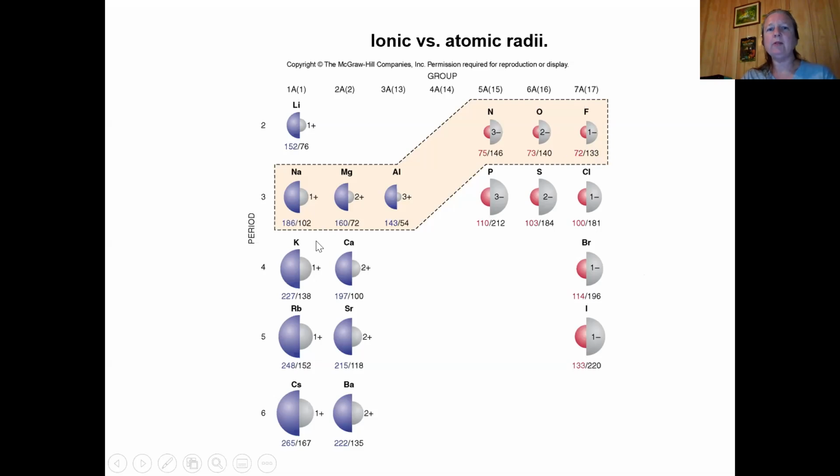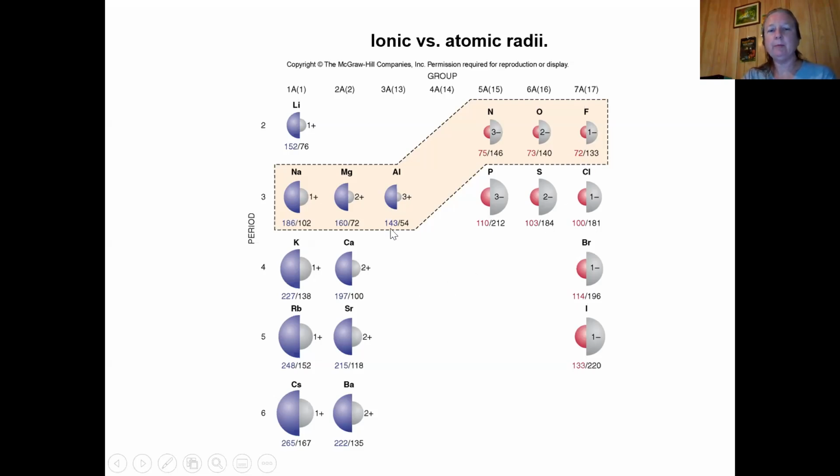So fluorine is isoelectronic with sodium, but this is 133 angstroms, this is 102. And yet they have the same number of electrons, the same configuration, the same filled shells and subshells. Because this still has a greater number of protons, so it's going to pull in tighter than this.